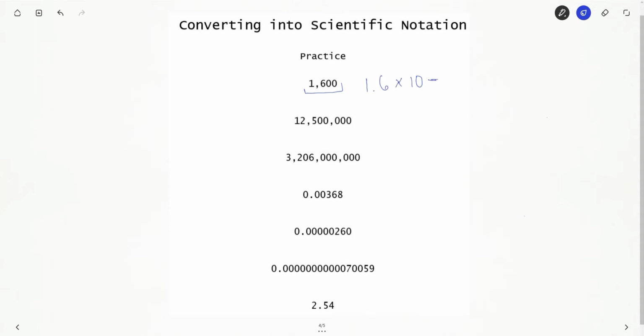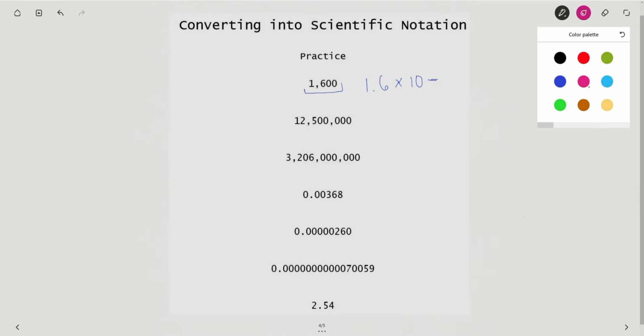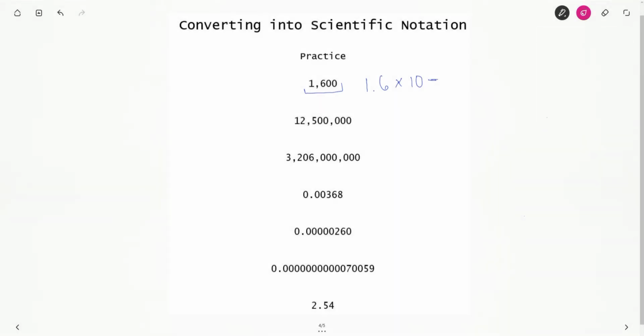We've just got to figure out what that something is. So let's convert up to magenta here. Let's see how many places I need to move the decimal place to get the decimal in between the 1 and the 6. That would be 1, 2, 3. So that would just be a 3 right here. So my answer is 1.6 times 10 to the third.